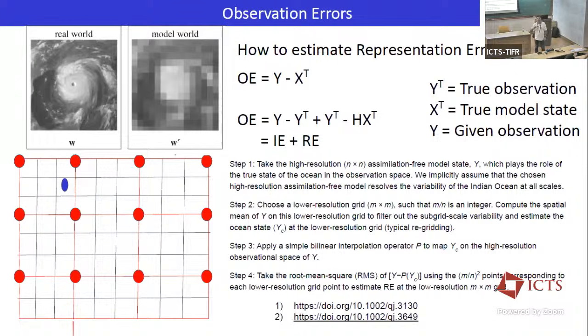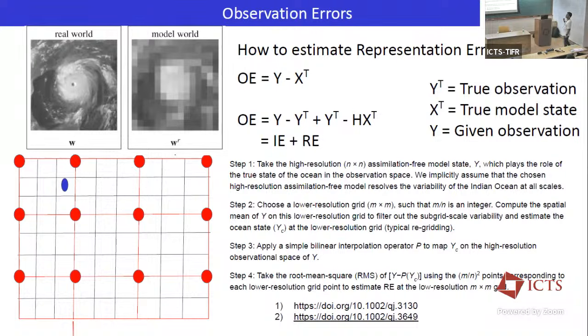So there are a lot of differences between what my model tells me and what my observation tells me, and there should be a mechanism to bridge that gap, to get an estimate of these unresolved scales.